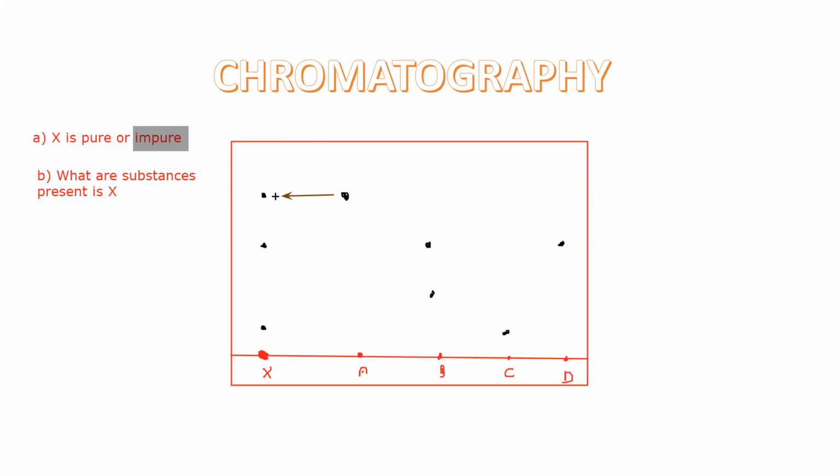Does X contain A? Yes, it contains A. What about B? When we check B, if X contains B, then what spots should it have? It should have this spot and there should be another spot.